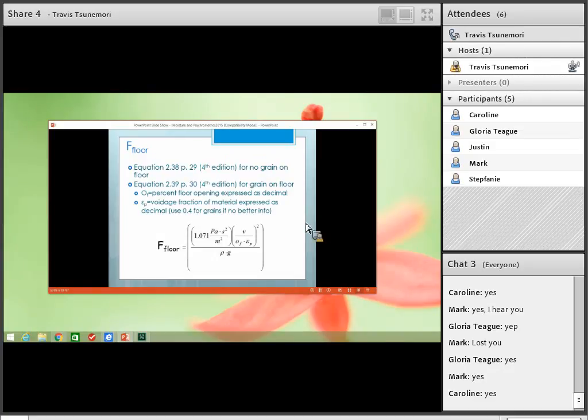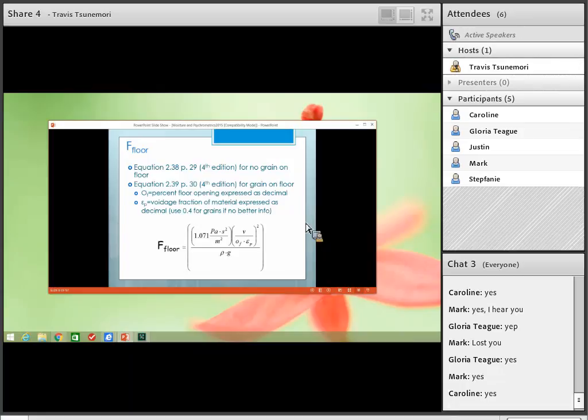Now the friction loss through the floor, we have a couple different ways that we can compute this. If you have the textbook, then on page 29 is one equation, equation 2.38. Now this is an equation that we rarely use, so make a notation near it that it's only valid for when there's no grain on the floor.